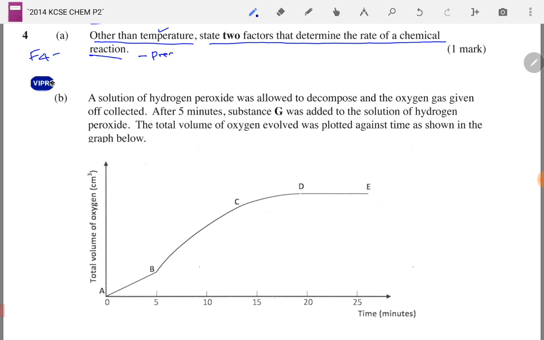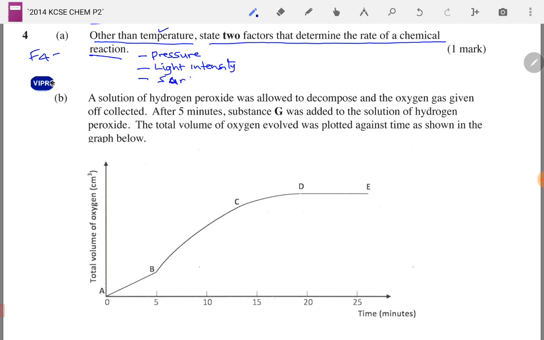We can list the others. I hope you can recall all of them. Pressure, particularly for those substances that are in gas form. Light intensity, the intensity of light. Surface area.